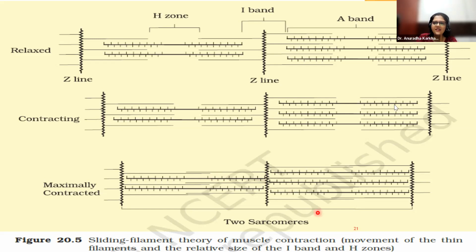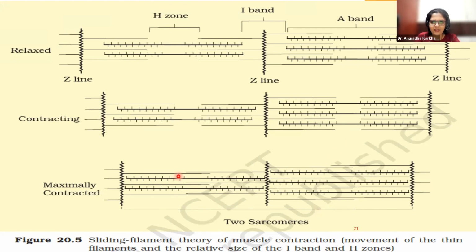And now this is the time when the contraction is maximum. The sliding filament theory of muscle contraction, movement of the thin filaments, and the relative size of I band and H zones have been depicted in this particular picture. When the ATP comes to detach myosin, that time only the troponin gets its position on the actin. Yes, correct. Right. Okay. Have you all understood this diagram as well?